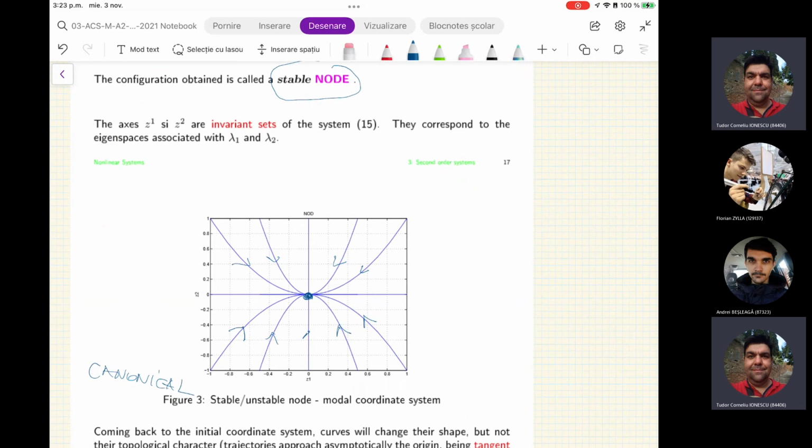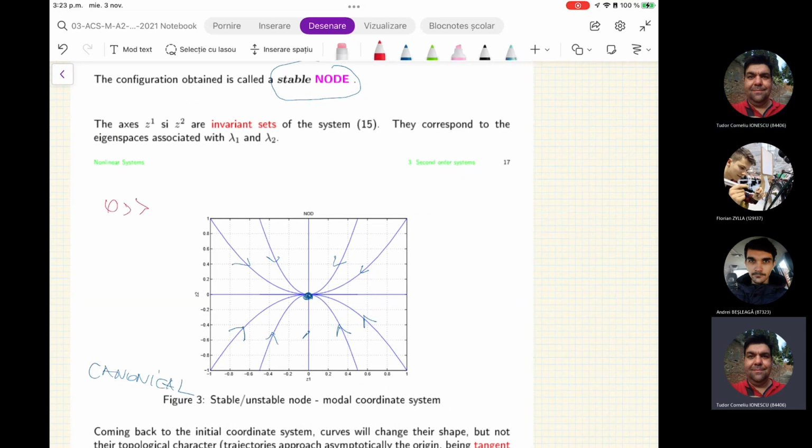Now, what happens in this case? What's changing? Do you think this figure 3 is changing, or only something in figure 3 is changing?